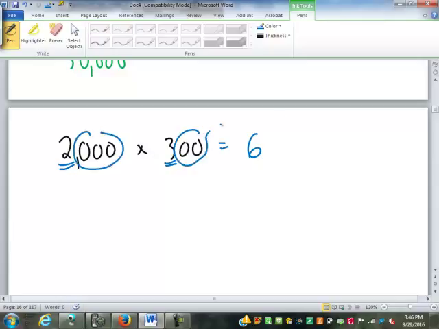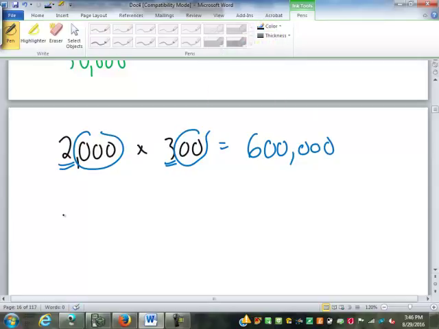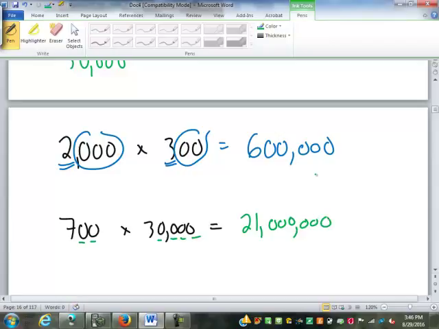I have 3 and 2 makes 5 zeros. If I have 700 times 30,000, 7 times 3 is 21. How many zeros? 1, 2, 3, 4, 5, 6. So 21 million.